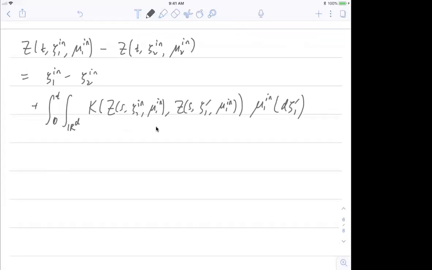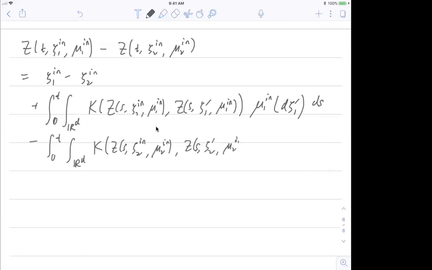Okay, so then take the minus ds, so k zs initial mu2 initial, zs 2 prime 2 initial, so mu2 initial.